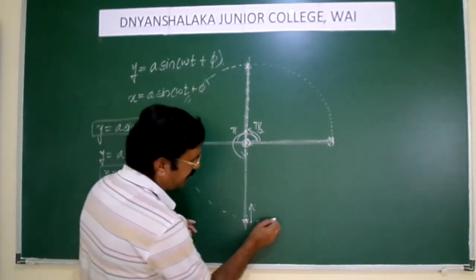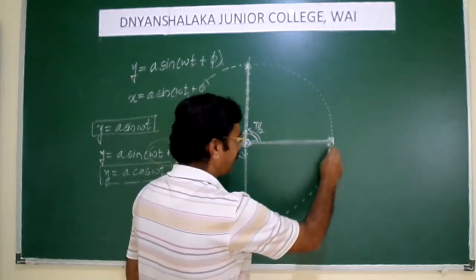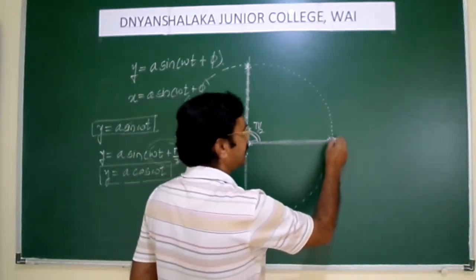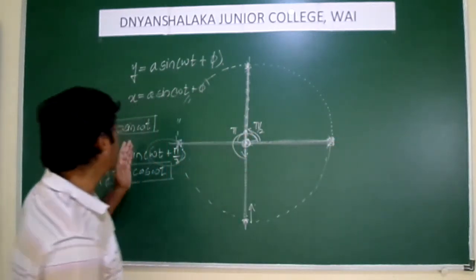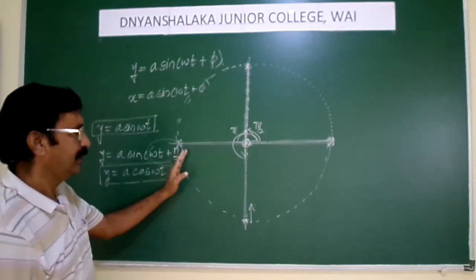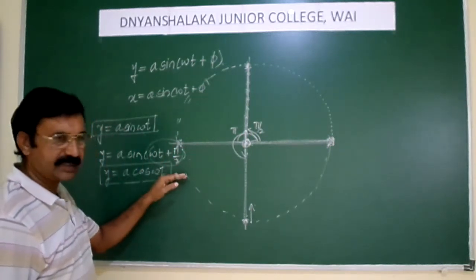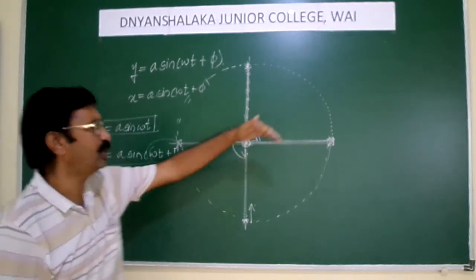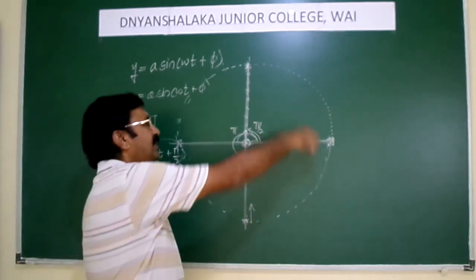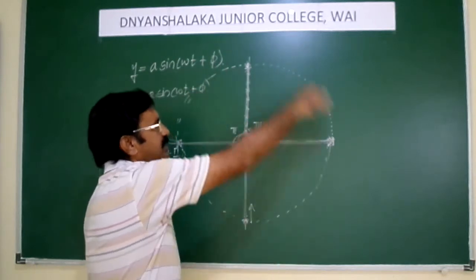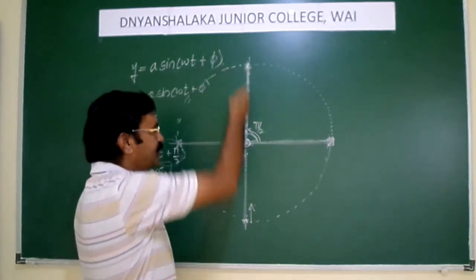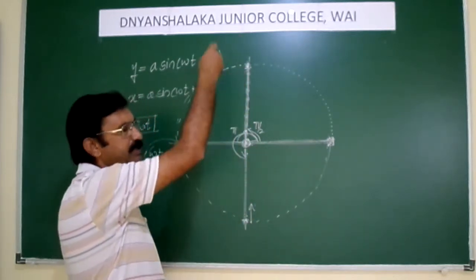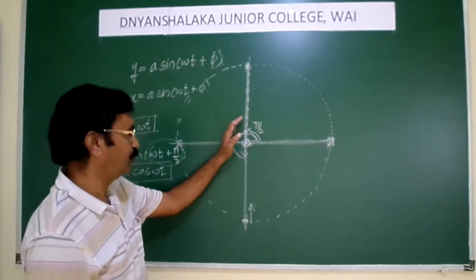And after 360 degrees, the particle is at the same position, omega t plus 2 pi, which is omega t itself. Sine of omega t plus 2 pi will be sine of omega t. So, original position. And then as the particle moves on the circumference of the circle, its projection is going to perform simple harmonic motion.